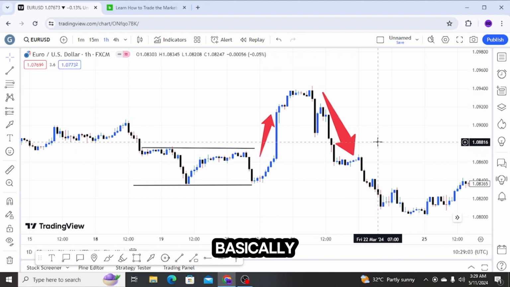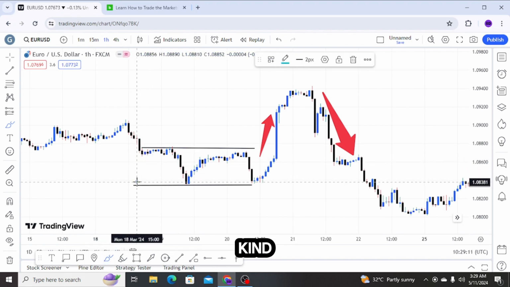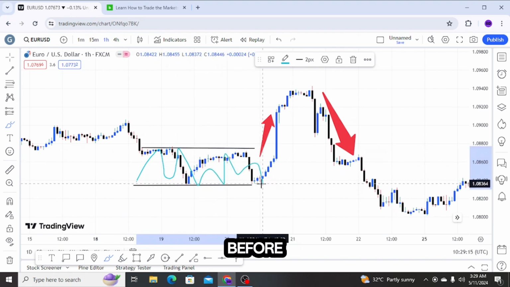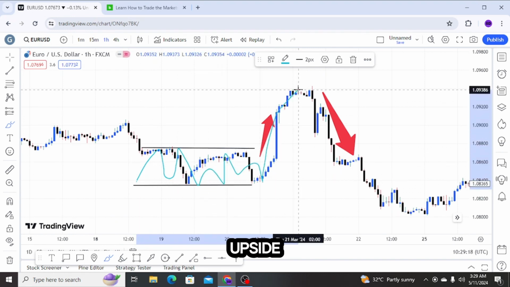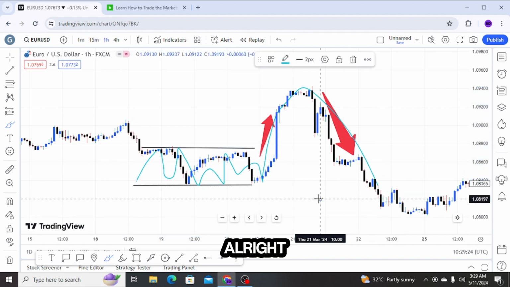It basically happens after this series of ranging, where the market moves like this before it then expands to the upside or comes down this way. This is basically what we call expansion. It means that after the market gathers liquidity, at a particular point it expands to the other side, it delivers to the other side.